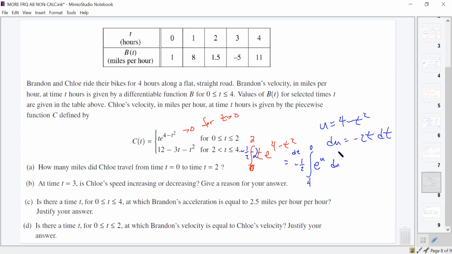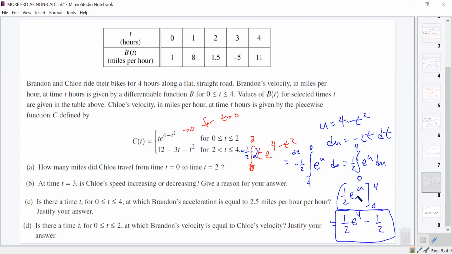Okay. I don't have to do this, but because my lower limit is larger than my upper limit, I can flip those and change the sign out in front. So I had a negative out in front, I can make that a positive now. And now the integral of e to the u is just e to the u, 0 to 4, which gives us 1/2 e to the 4th minus 1/2.